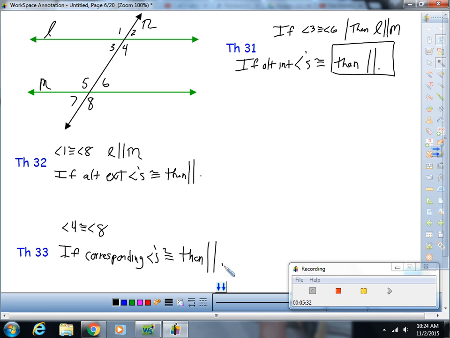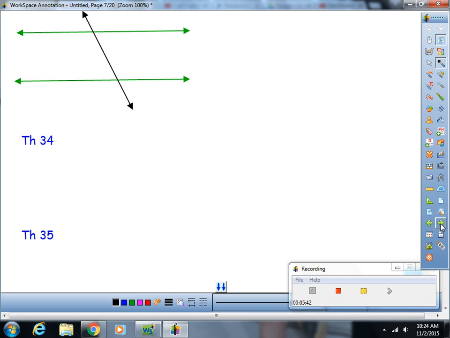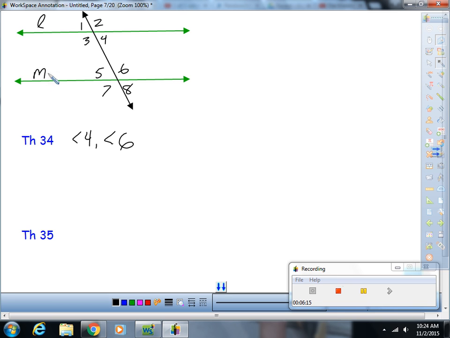Let's go over 3 additional ways. There's going to be 7 theorems on today's assignment. Let's look at angle 4 and angle 6. Angle 4 appears to me to be acute. Angle 6 does not appear to be acute. They appear to be obtuse. But what would be the relationship between angle 4 and angle 6 to make our green lines parallel?